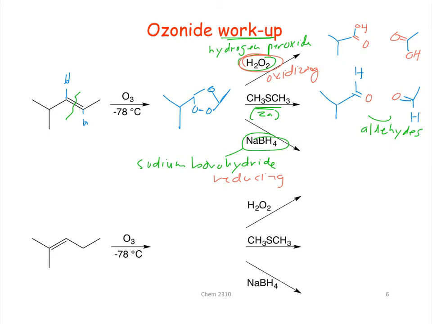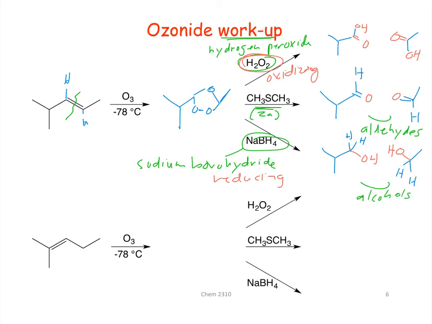So when we reduce an aldehyde, what do we get? We get a primary alcohol. So we get an alcohol here, and we get an alcohol here. So we get alcohols.